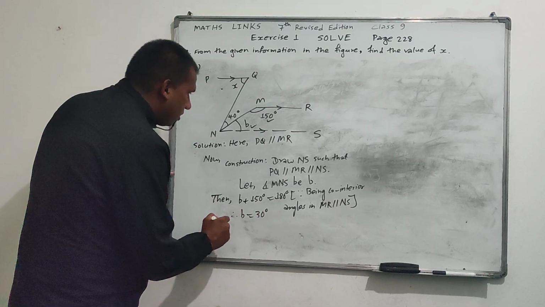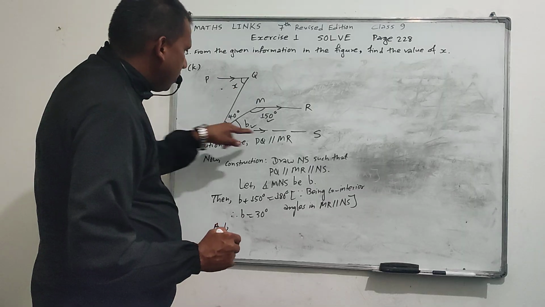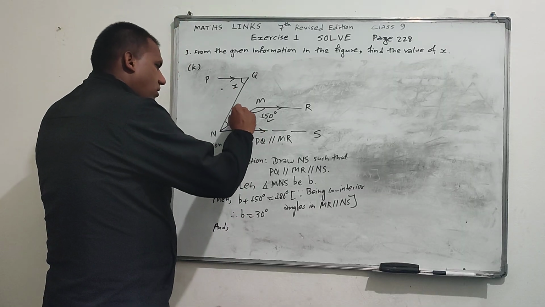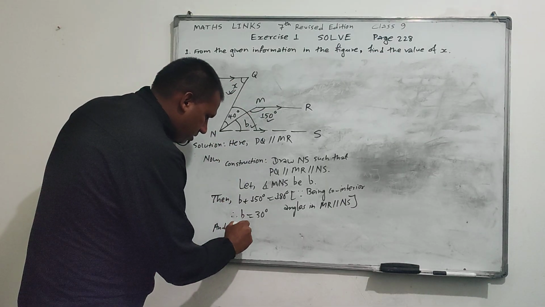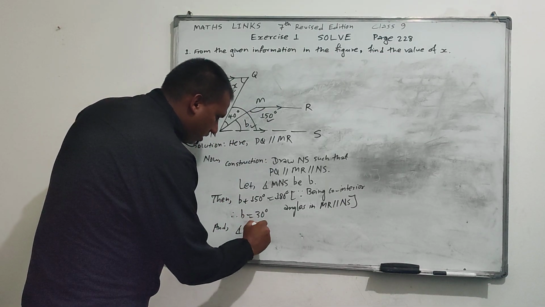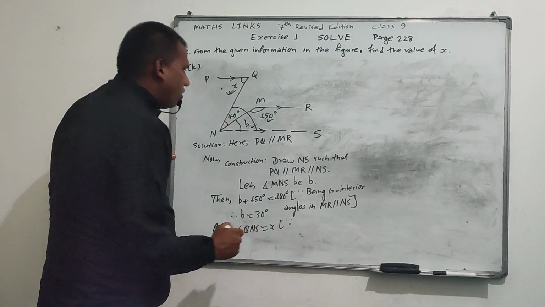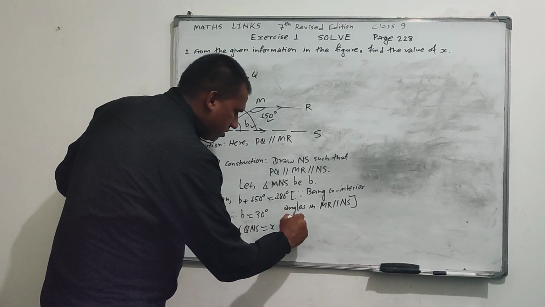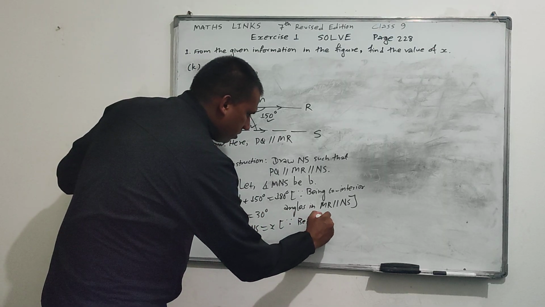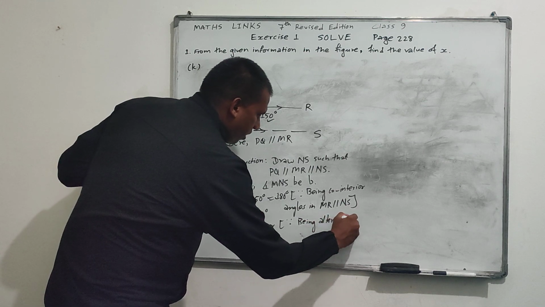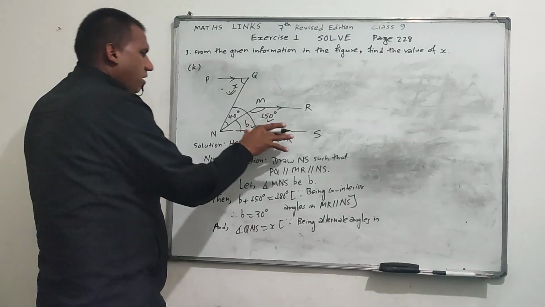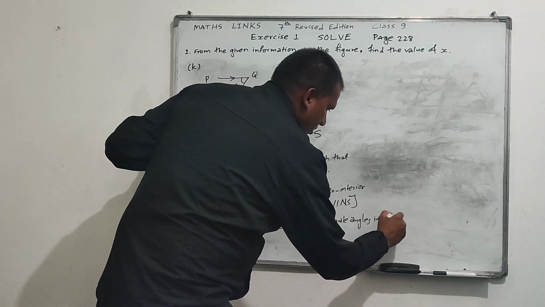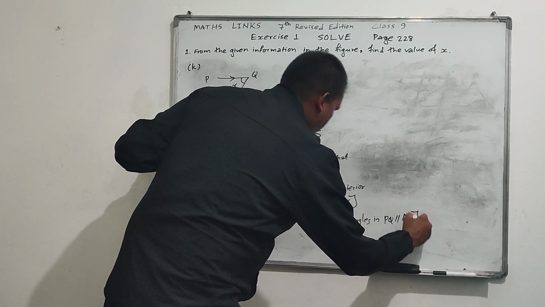And angle QNS equals x. These are alternate angles in PQ parallel to NS.